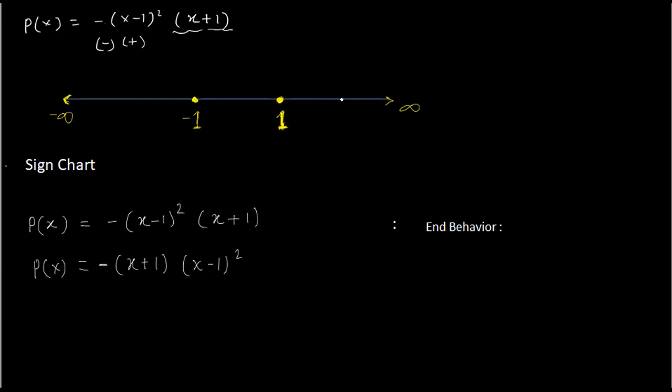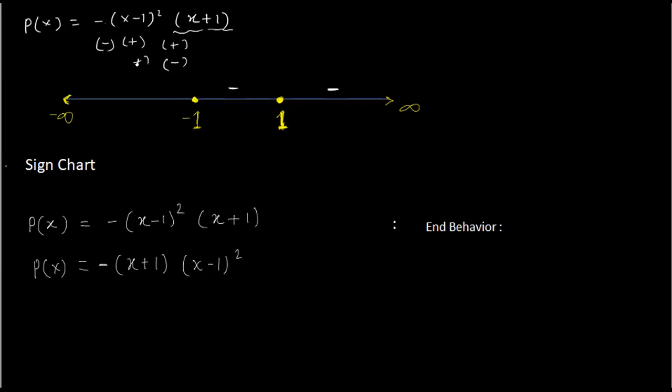So suppose x is more than 1, so this term is positive. As a result, the product of all three numbers becomes negative. Now, if x lies between -1 and 1, this term is again positive. This is always positive, this is negative. So again our polynomial is negative if x lies between -1 and 1. If x is less than -1, this term is negative this time.